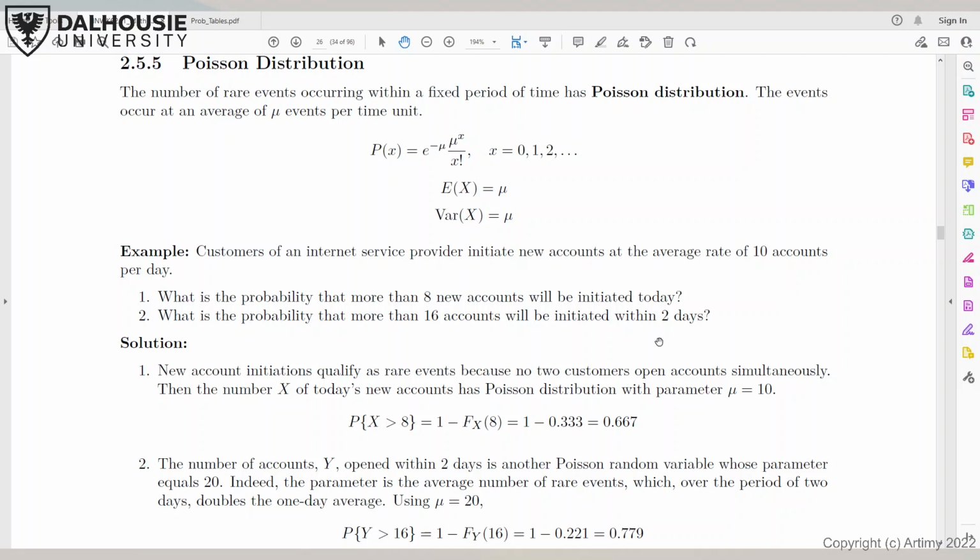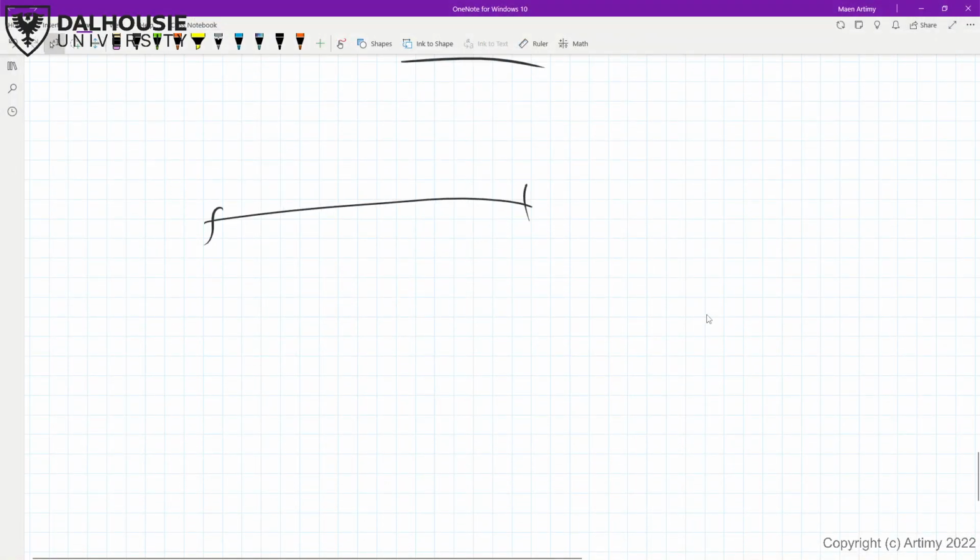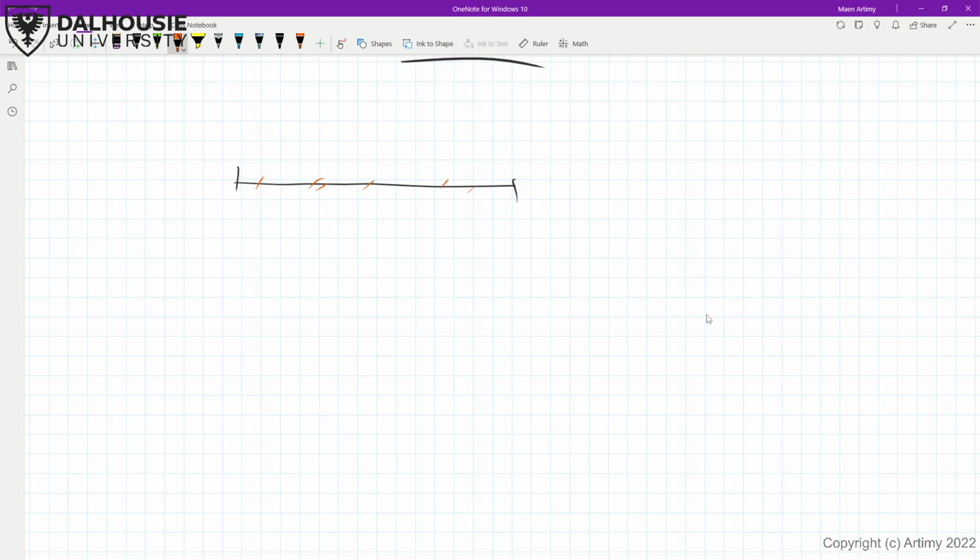Anyway, we'll see what else is special about this Poisson distribution. Think of it this way: if I have a period of time and there are events happening, and I know what the average is, then I can calculate the probability of certain events.